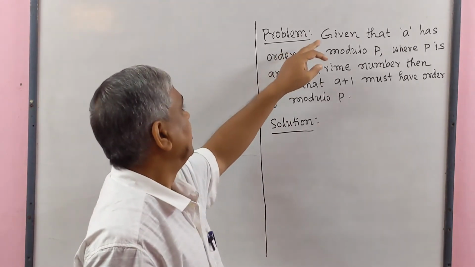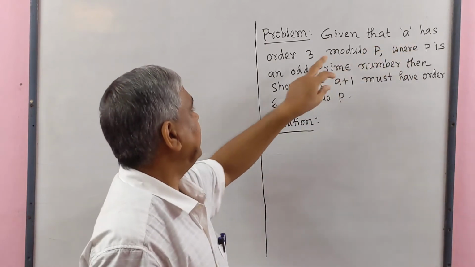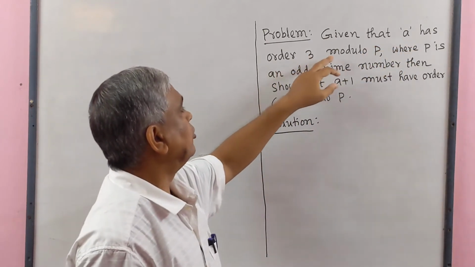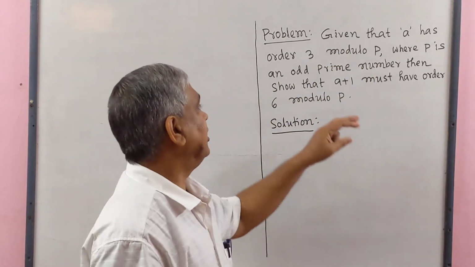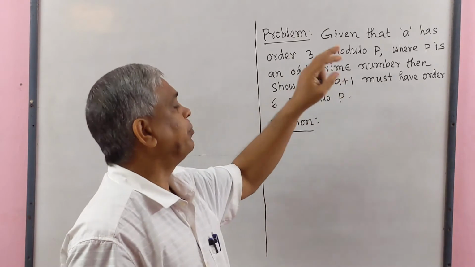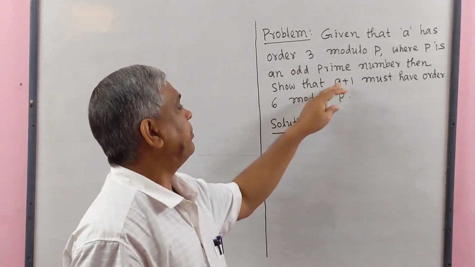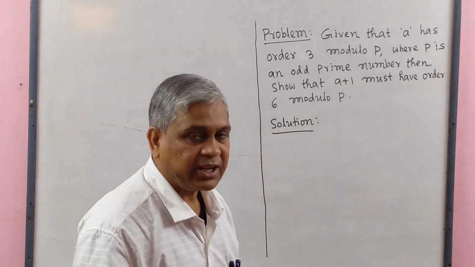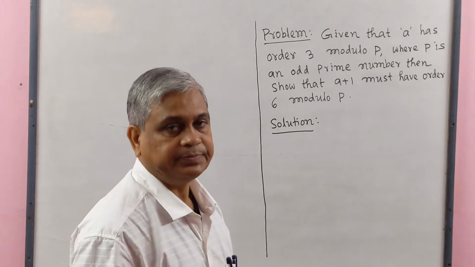Problem is given that integer a has order 3 modulo p, where p is an odd prime number. Then show that a plus 1 must have order 6 modulo p.